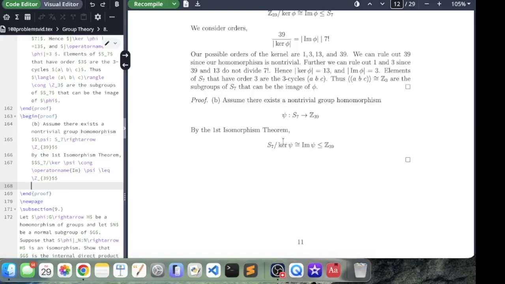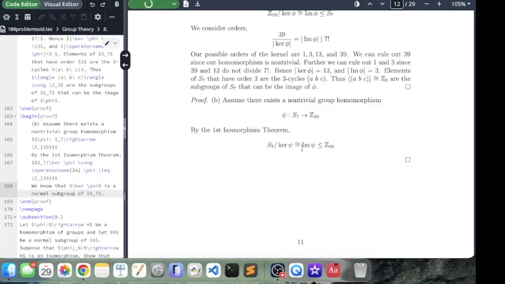We know that the kernel of psi is a normal subgroup of S7. And a known fact is that for the symmetric group Sn, for n greater than or equal to 5, the only normal subgroups of Sn are An, the trivial subgroup with the identity, and Sn itself.